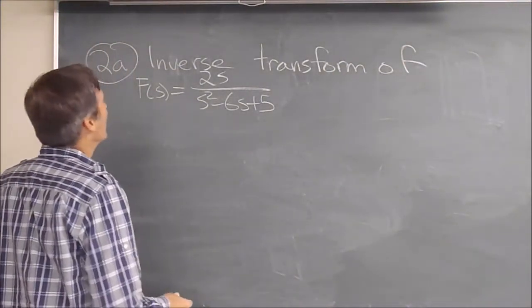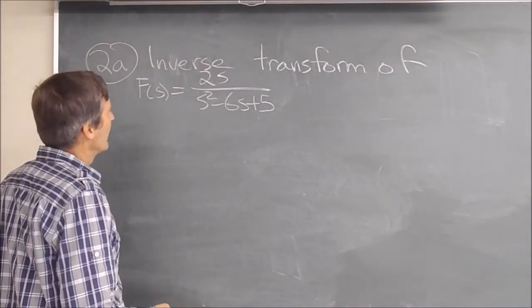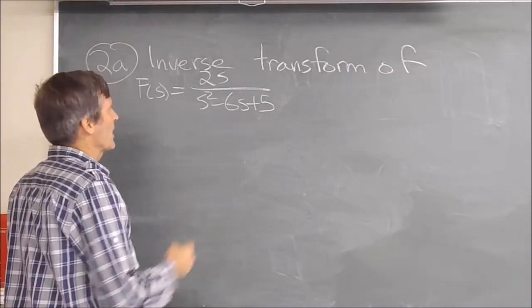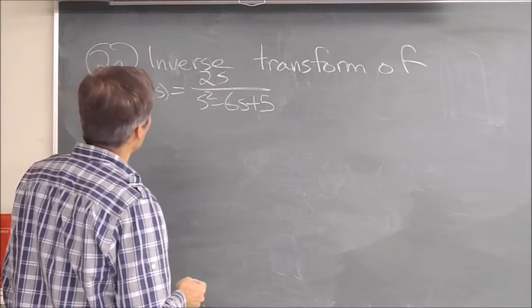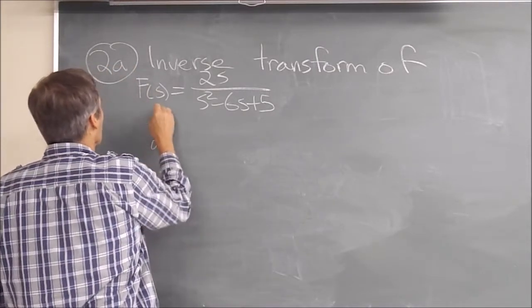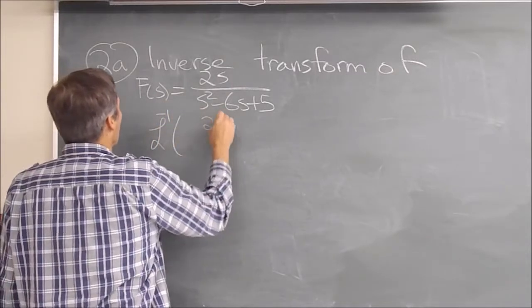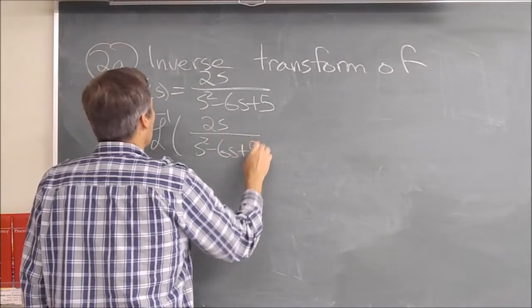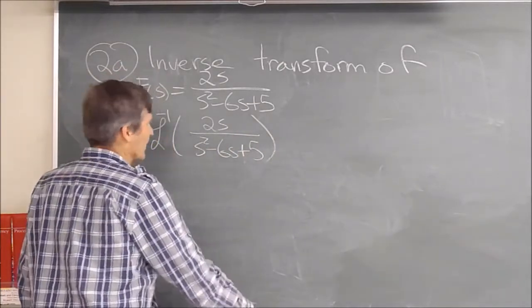All right? How can we find that? This is an important kind of problem because these kinds of things tend to come up in a lot of engineering applications. Well, L inverse of 2s over s squared minus 6s plus 5 is actually found in a lot of tables of inverse transforms.